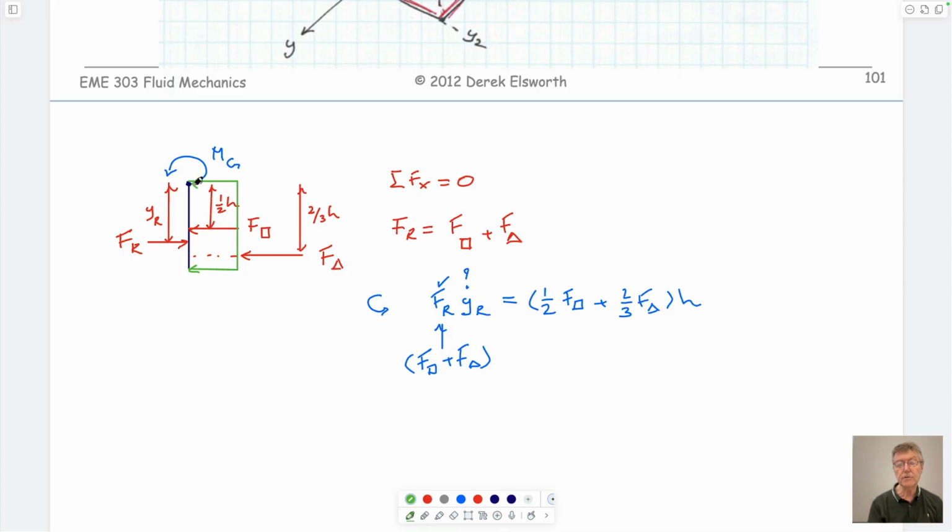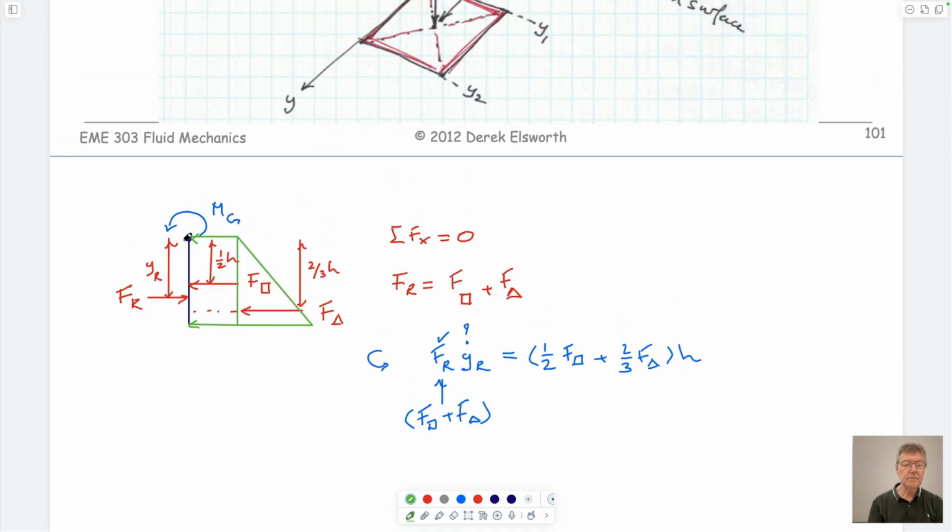The force acting here is really a distributed stress on a plate, and this is the triangular distribution.